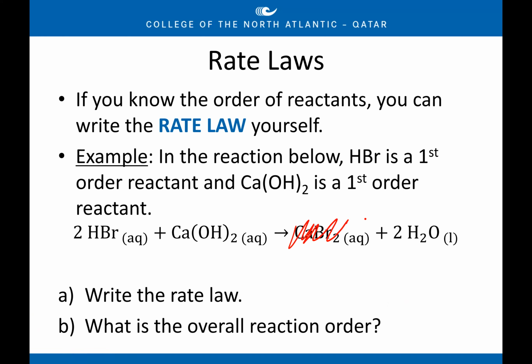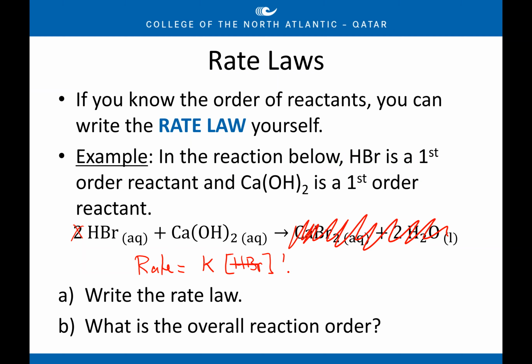I do not care about the products. So my rate, and I remember Iman or some other students mentioned this the other day, the coefficients don't matter. I only care about the rate being equal to the rate constant K multiplied by the concentration of my reactants.